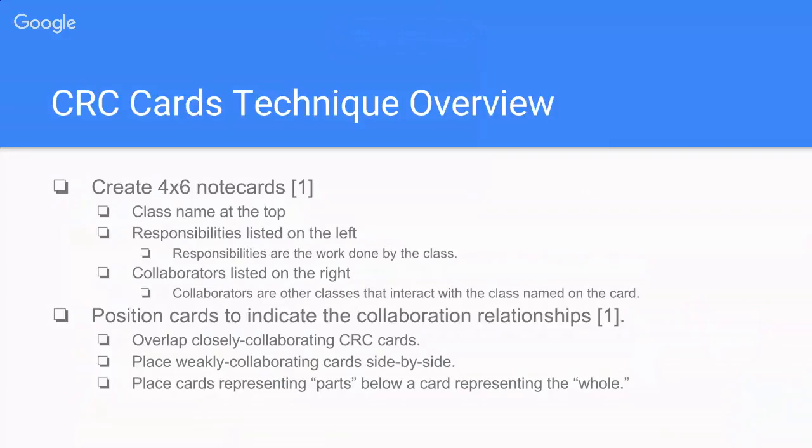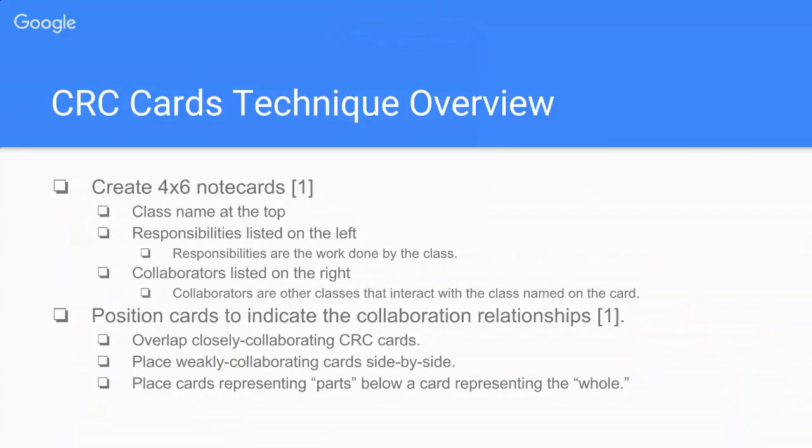You can physically position the cards to denote the closeness of their collaborative relationships. If you have two classes that are mutually interdependent, you might lay them on top of each other, one on top of the other. If you have cards that are less closely coupled, then you could place them side by side.